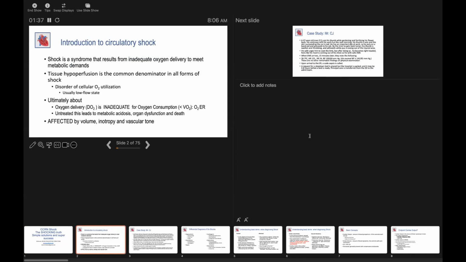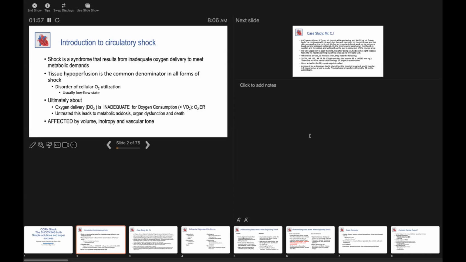Okay. So it's really important for us to appreciate and understand that when we're talking about shock, shock is not defined by hypotension. Shock is defined by an imbalance of the delivery of oxygen and the demand for oxygen.